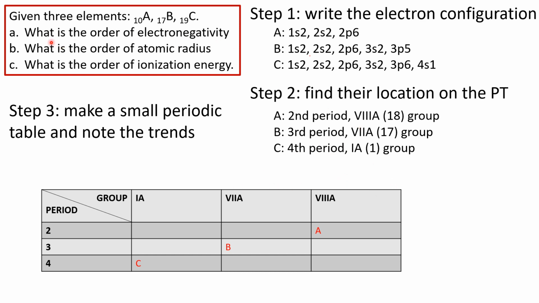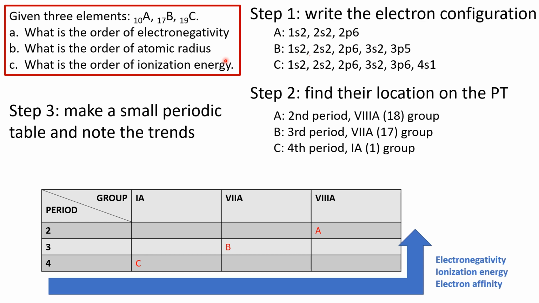Now the trends that we have to write down and how they change across those elements are electronegativity, atomic radius, and ionization energy. Electronegativity, ionization energy, and electron affinity, we have talked what they are, and we know that the farther to the right we go, they increase, all of them.